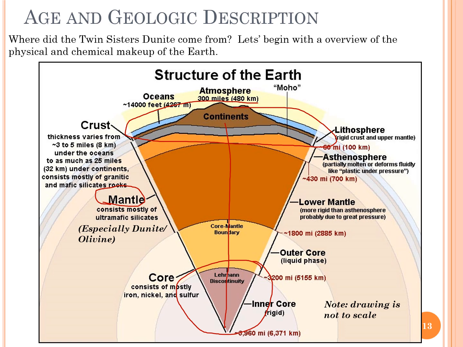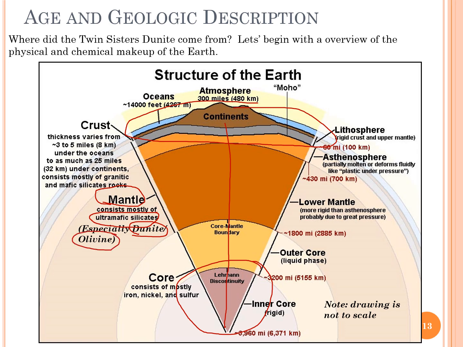In here, a lot of the minerals, based on density and other reasons, are ultramafic silicates. All that means is it's igneous rock that has particularly high concentrations of iron and magnesium. It's where we see Dunite, and of course, its major component olivine.